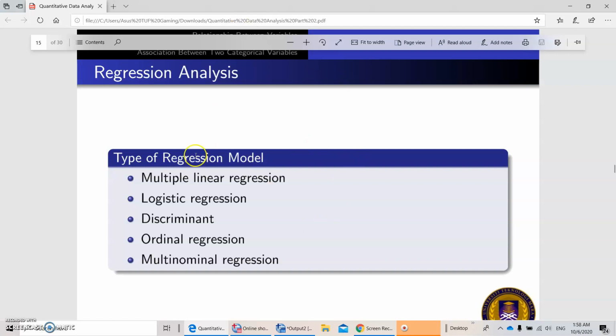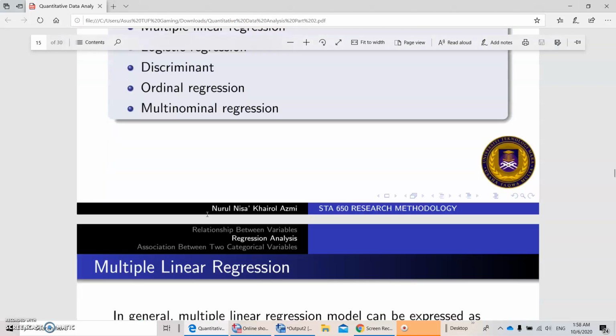There are several types of regression model, but for demonstration I will only highlight the multiple linear regression.